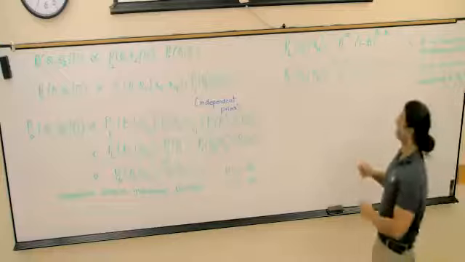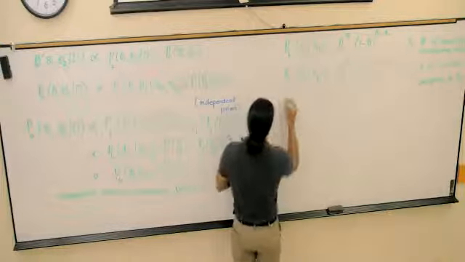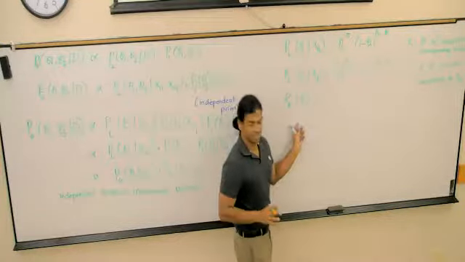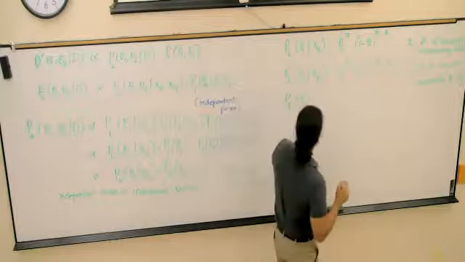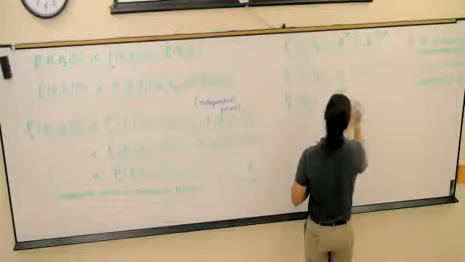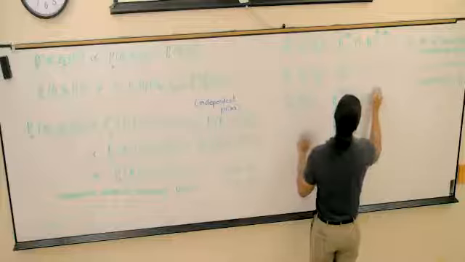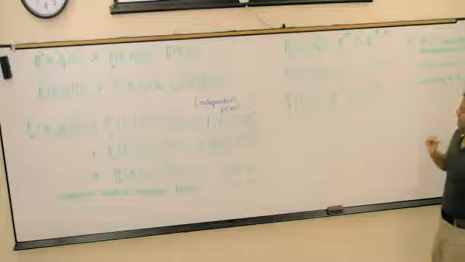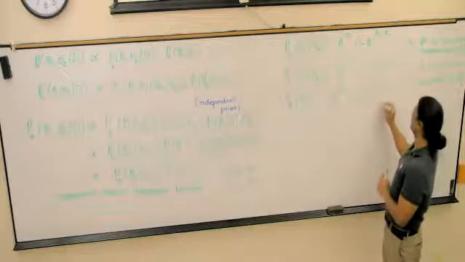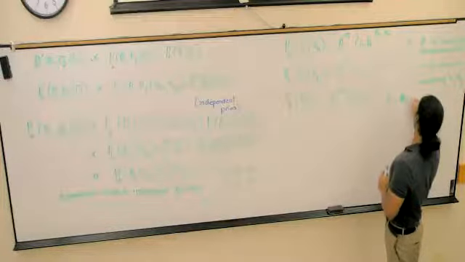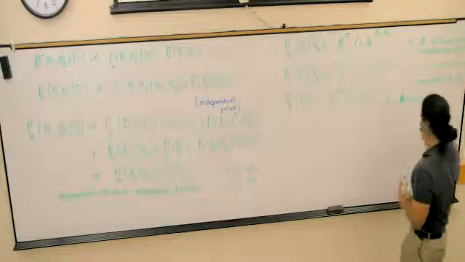Good. So the prior for theta 1, I can write it as a beta distribution: theta 1 to the A1 minus 1, times 1 minus theta 1 to the B1 minus 1. So theta 1 is a beta distribution with parameters A1, B1.